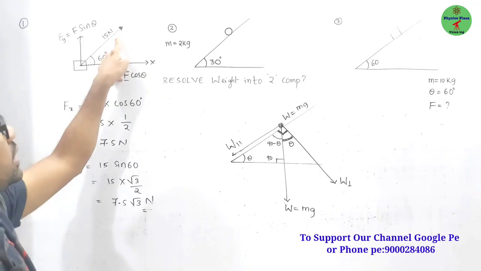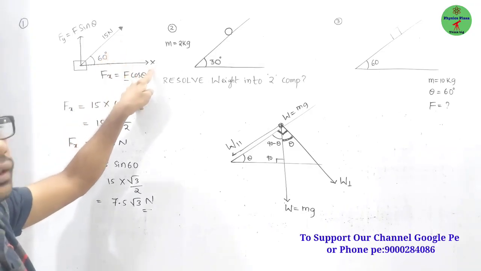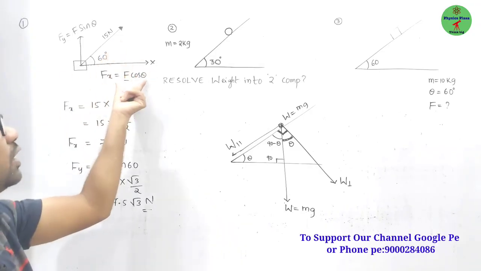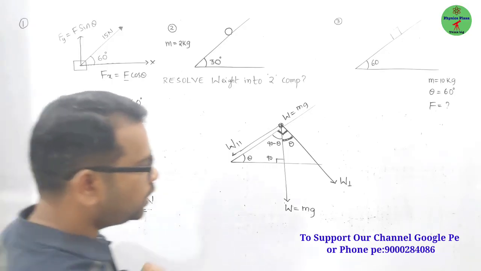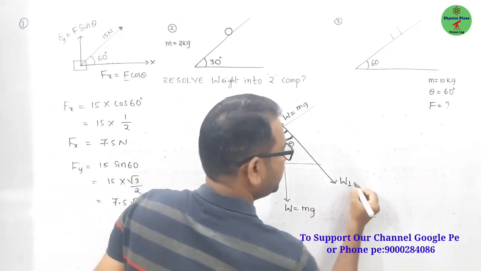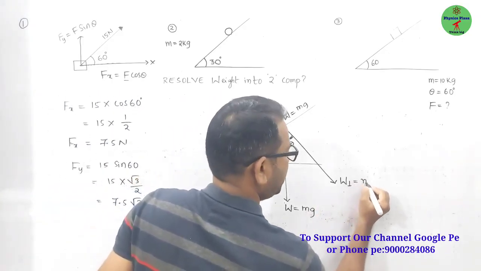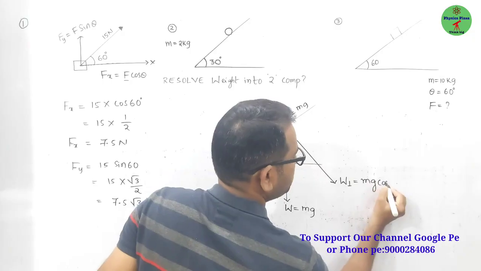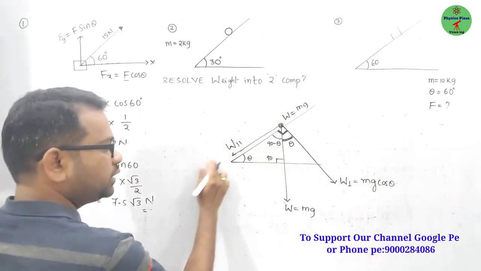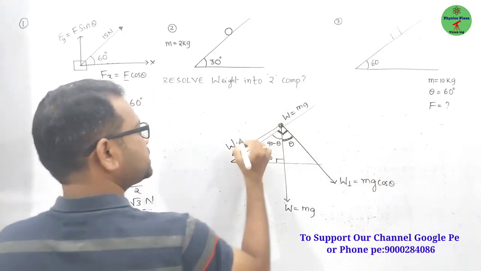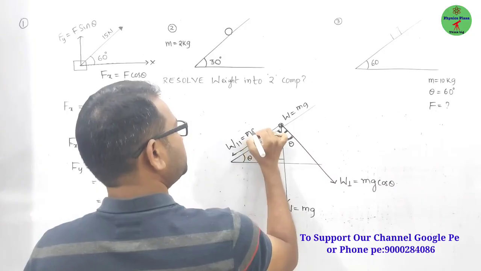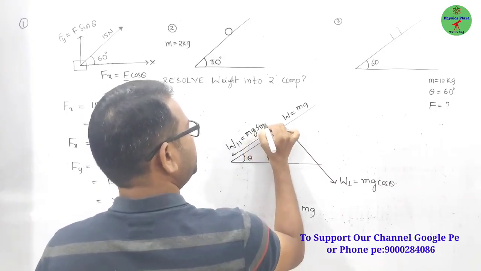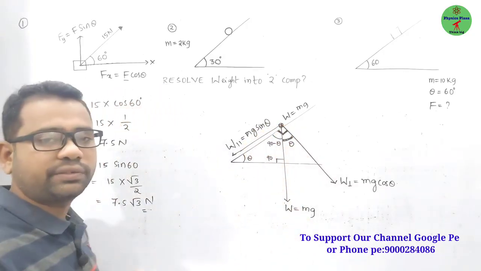If the resultant vector makes an angle theta with some axis, along that we'll get a cos theta component. So now here we are going to get mg cos theta. Obviously this is going to be mg sin theta.